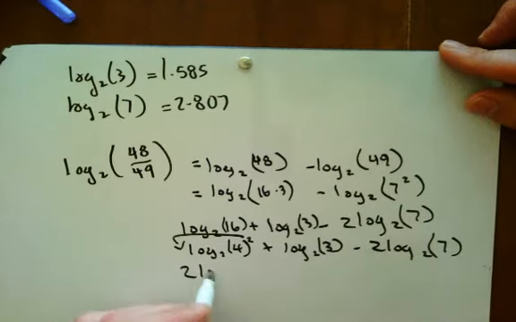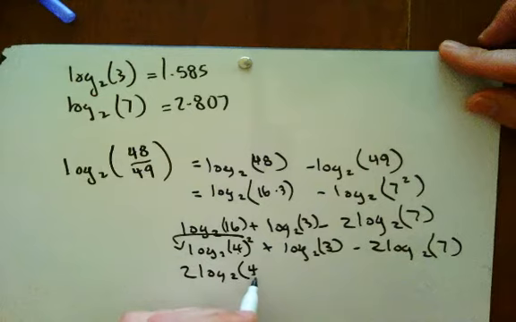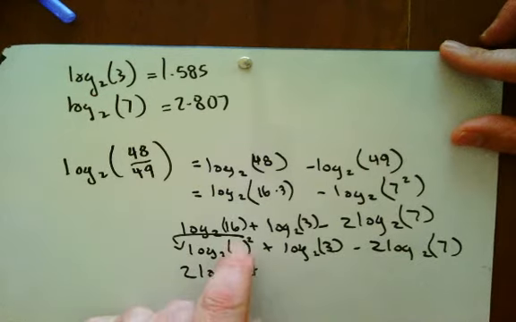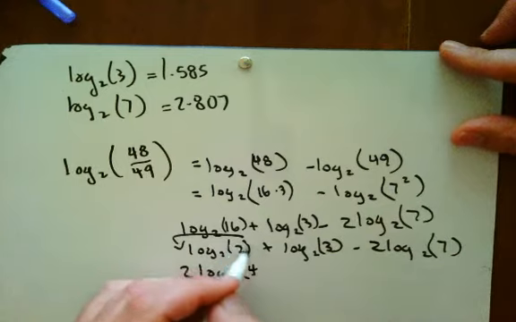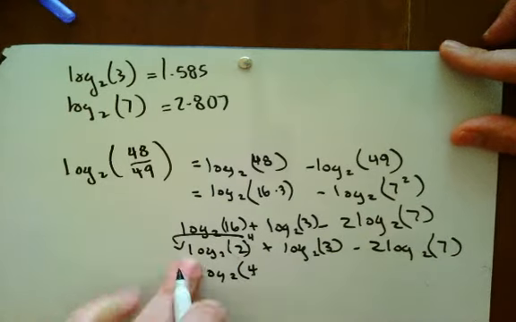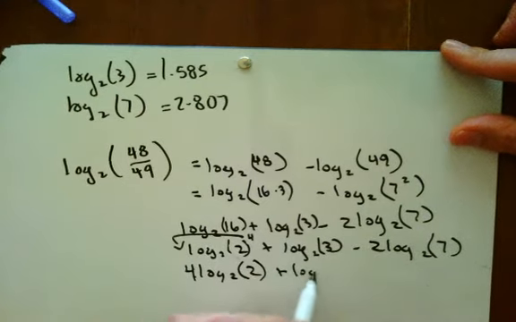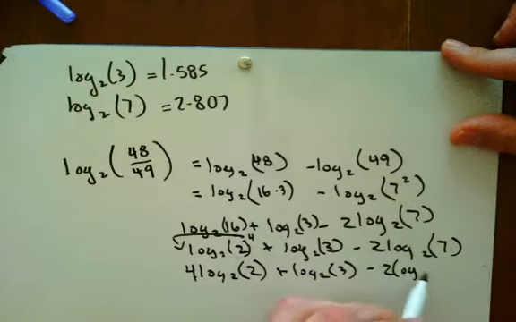But over here, I see another product. So I'm going to split this up into log base 2 of 16 plus log base 2 of 3. 16 is, of course, 4 squared. Log base 2 of 4 squared plus log base 2 of 3 minus 2 log base 2 of 7. Bring that 2 down in front. 2 log base 2 of 4.